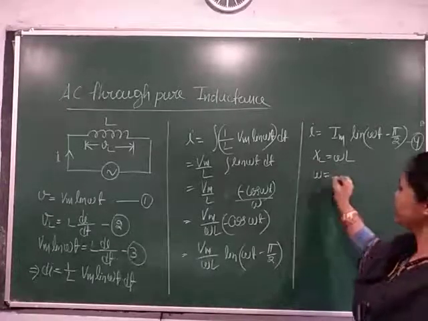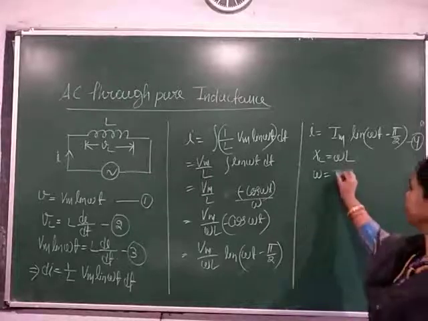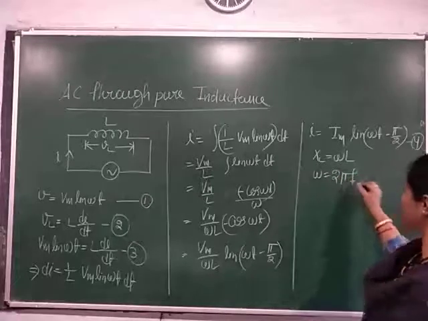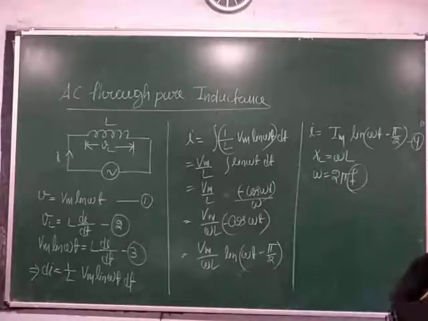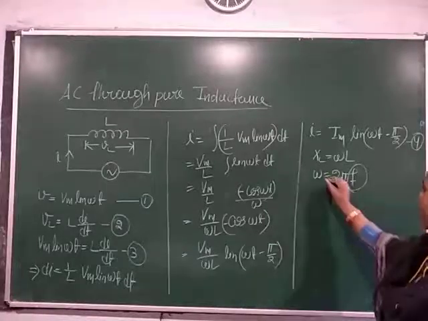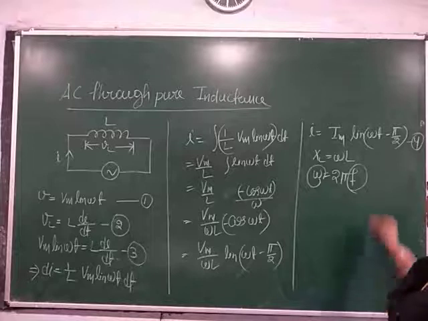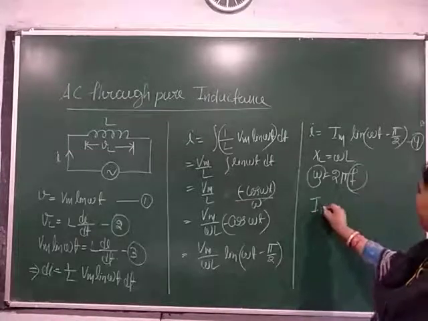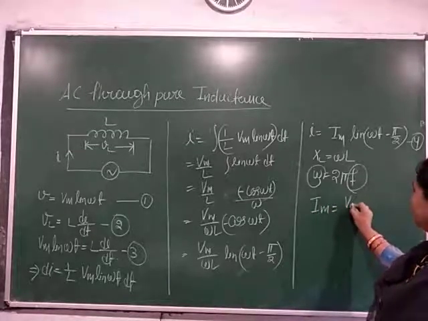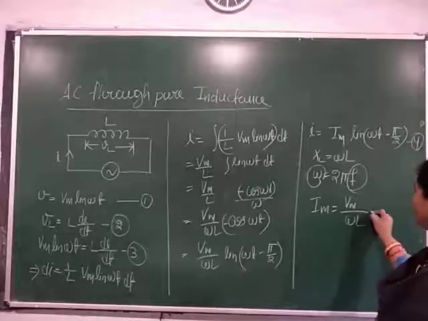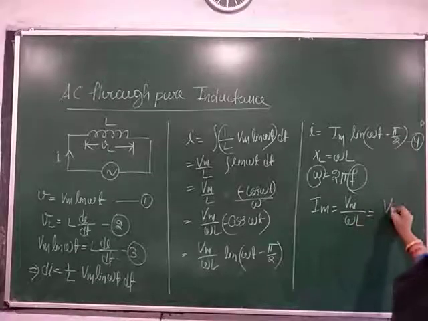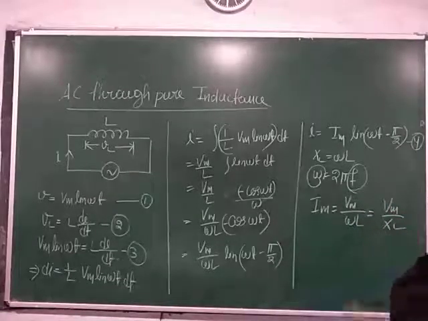Omega is the angular frequency 2 pi f, where f is the supply frequency in hertz and omega is in radians per second, and Im is Vm by omega L, or you may write it as Vm by XL.